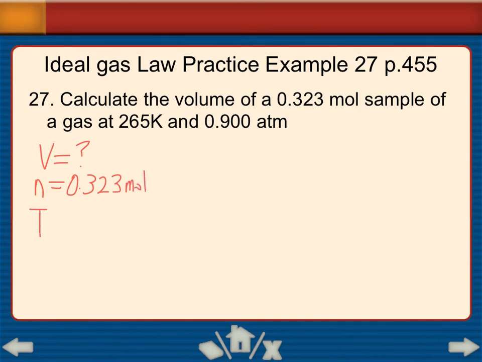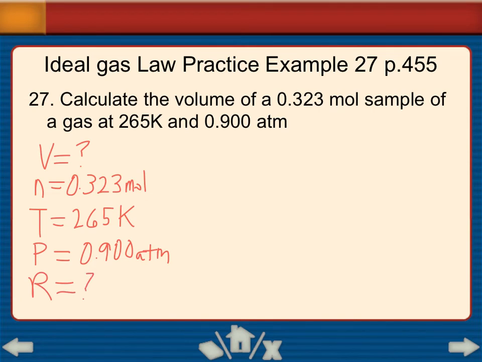And the temperature is 265 Kelvin. And the pressure is 0.900 atmospheres. And we will need to find the correct value of R, the universal gas constant. We start with PV equals nRT.